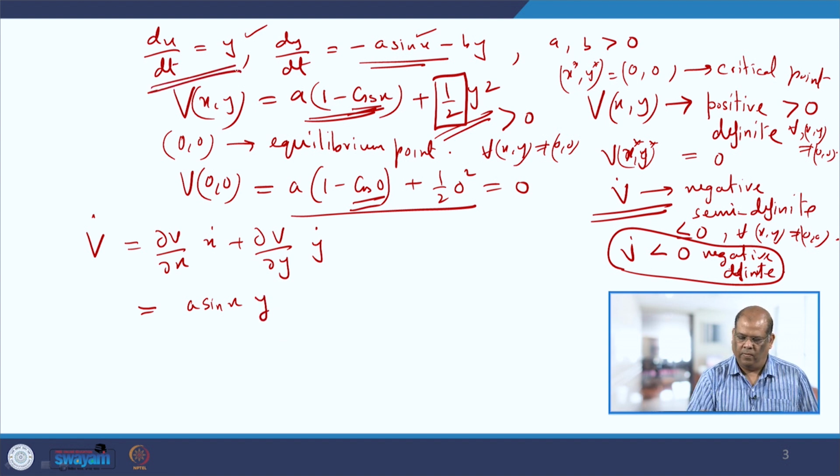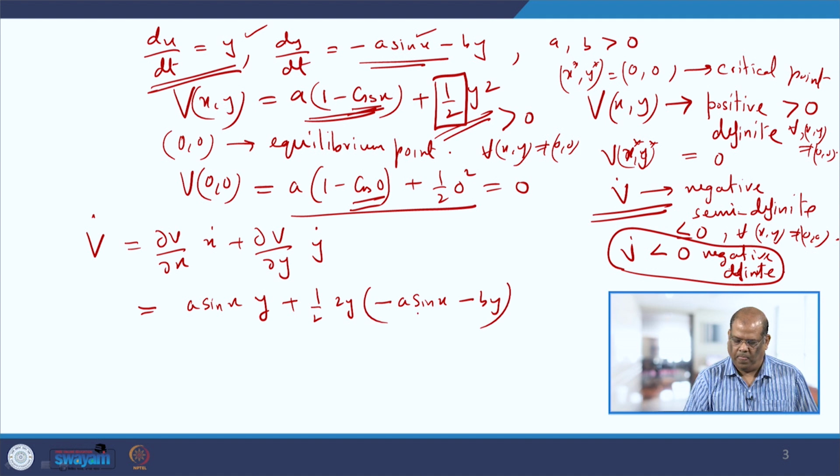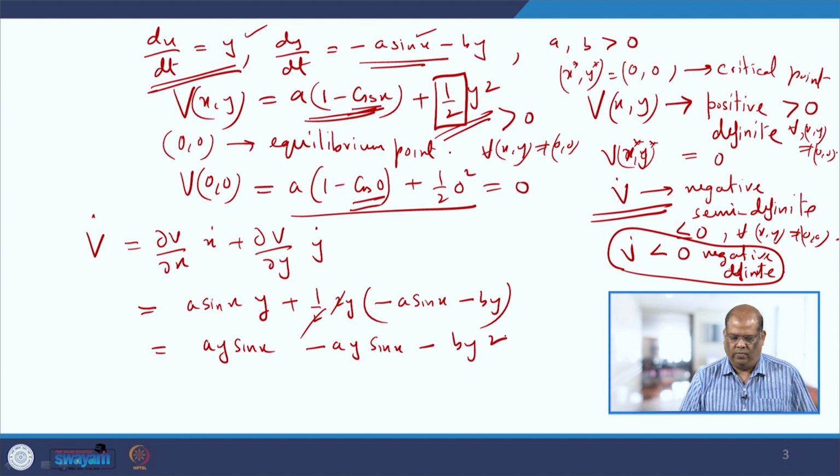From here, del V del y, it is half into 2y into y dot, which is minus a sin x minus by. So, it is a y sin x, this and this cancels, minus a y sin x minus by square.